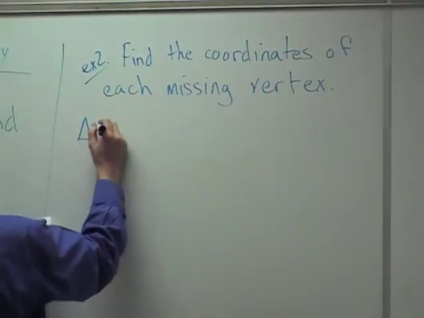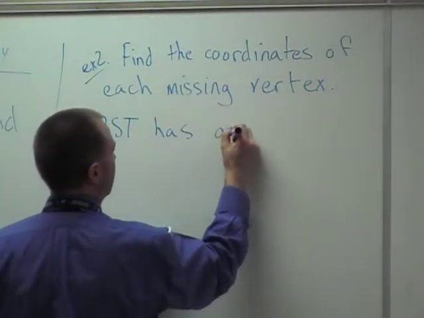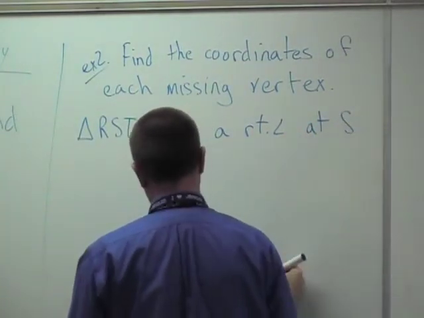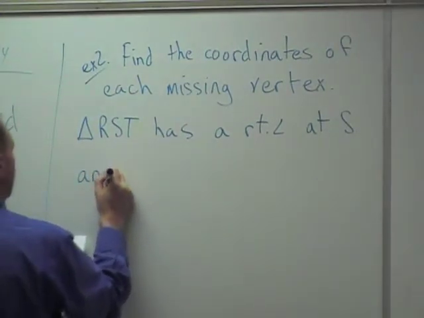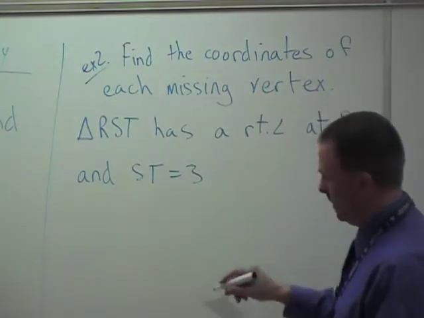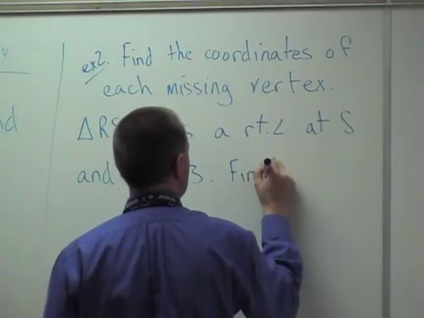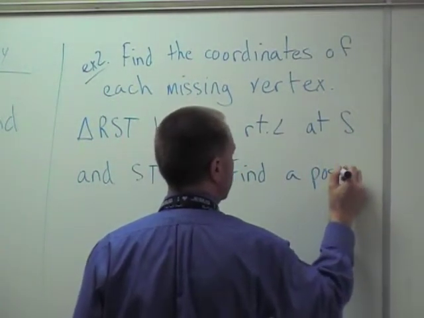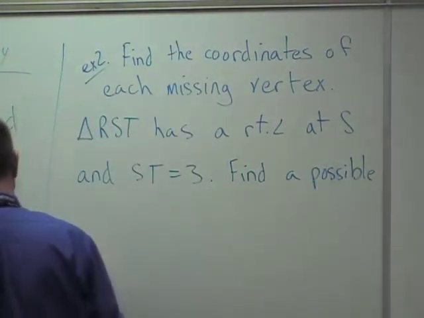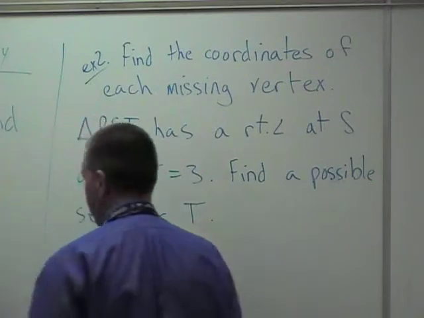A triangle RST has a right angle at S and ST equals 3 units. Hold on. Here we go. Find a possible set for T.